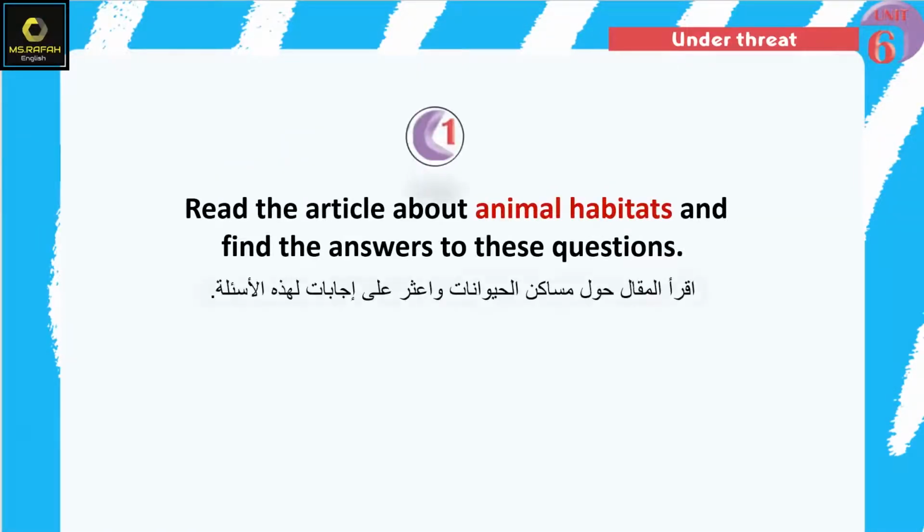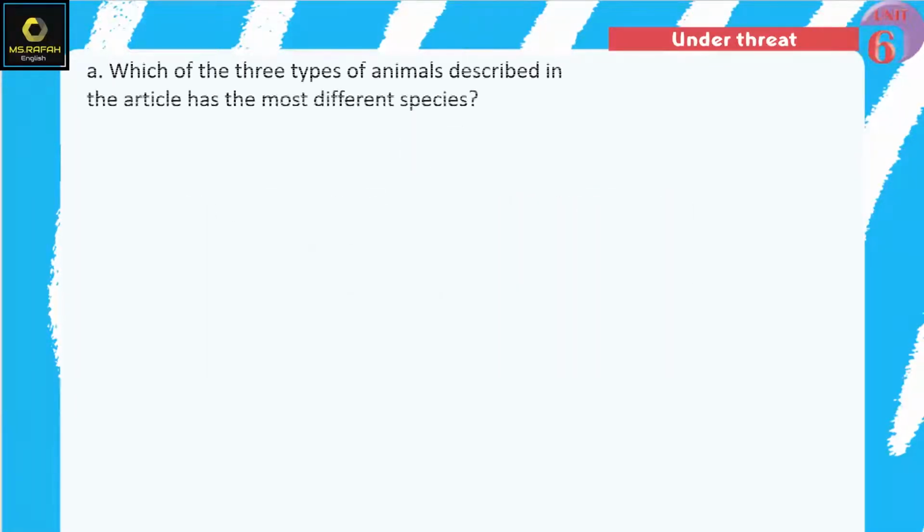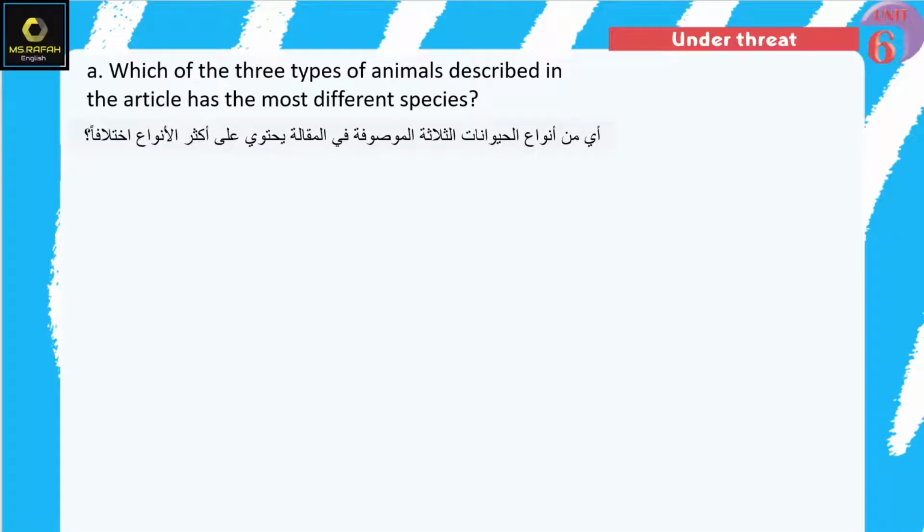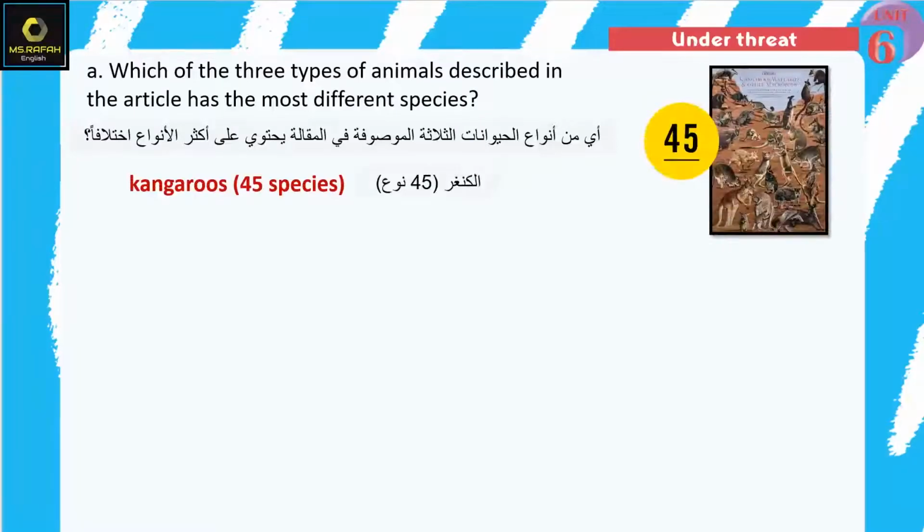Now let's see question 1. Read the article about animal habitats and find the answers to these questions. Which of the three types of animal described in the article has the most different species? Kangaroos, 45 species.